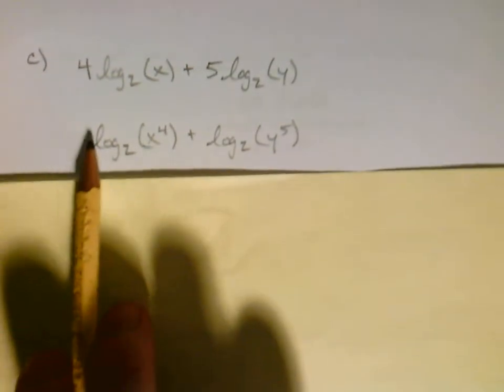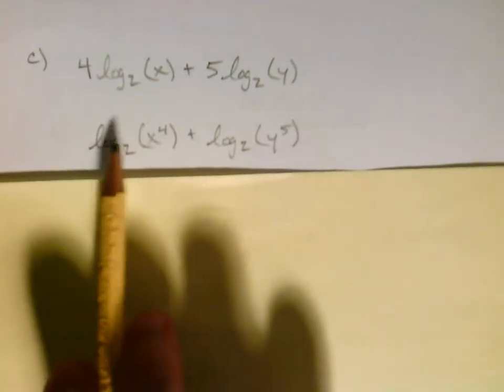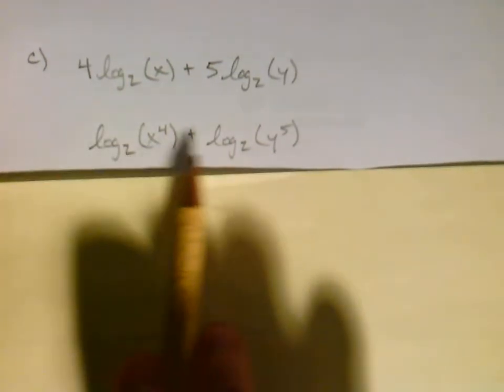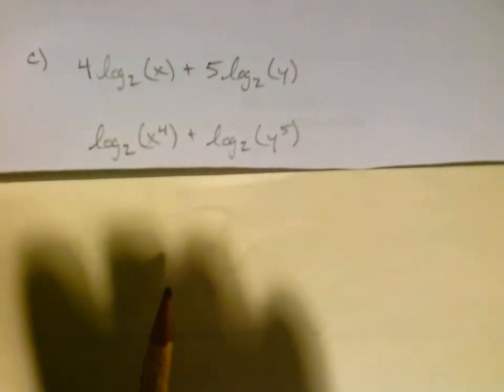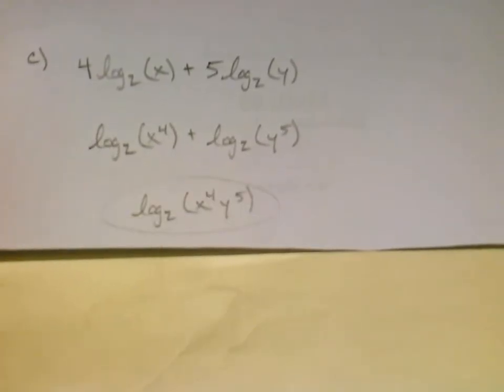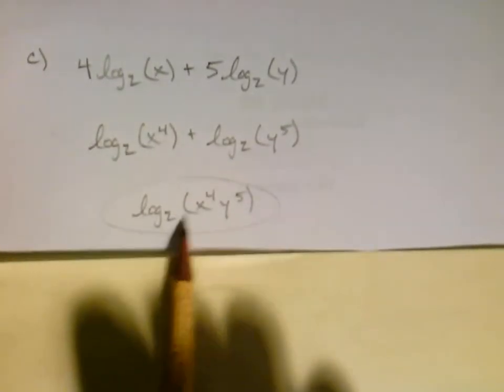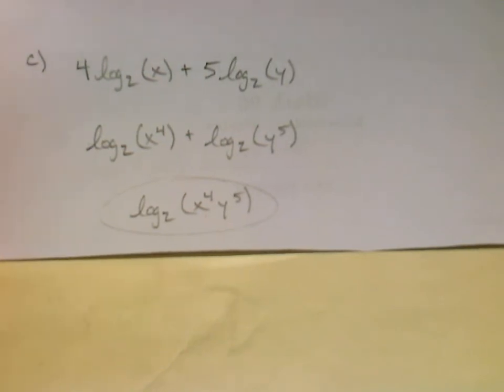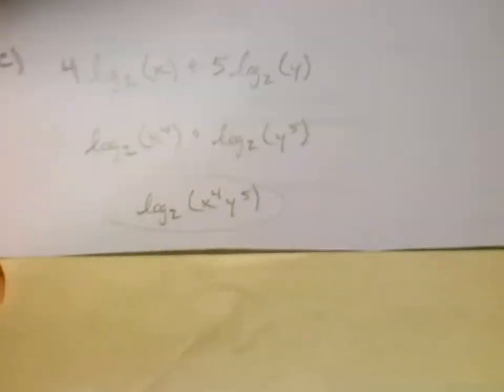Then, once we don't have any coefficients, or you might say the coefficient is 1 in front of both logs, and they're both base 2, we can combine them together if we multiply the two arguments like that. So we've got a single log base 2, x to the 4th times y to the 5th. There's our condensed version. Okay. Got a couple more of these, actually.